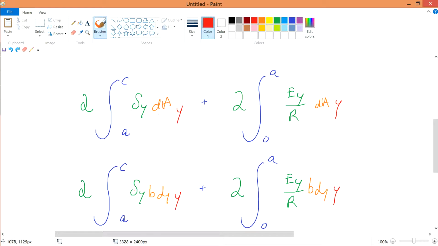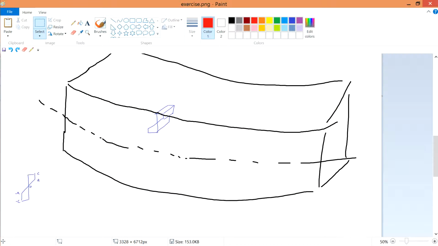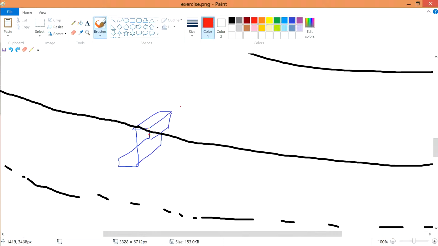Now, how do we dissect dA? Let's come back to this system again. This is our cube that we are doing. I'll just zoom in now. If I zoom in, I'll have this particular piece of area. We call this the dA. We can name this length over here as b, and we can also name this as dy.